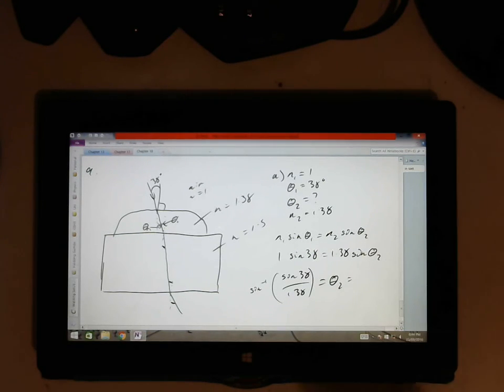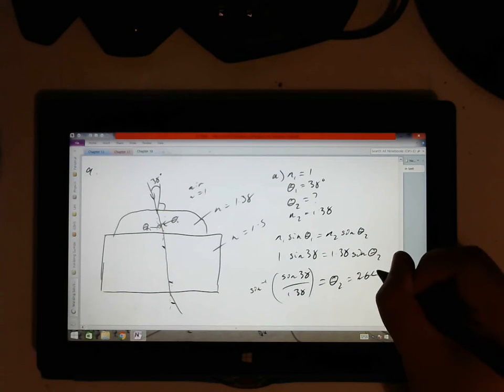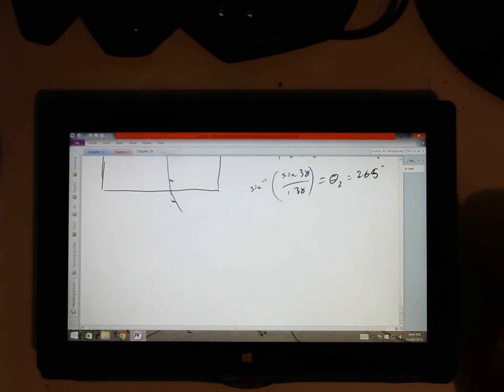Let's do that on the calculator: sine 38 divided by 1.38, and we want the arc sine of all of that. 26.5 degrees. The textbook gives us 26.5 degrees. Great. First step down. Let's do our next one.